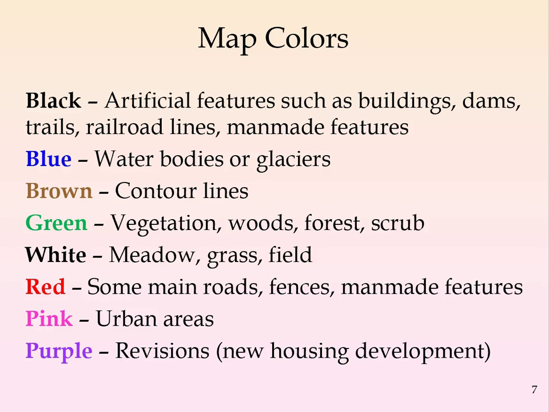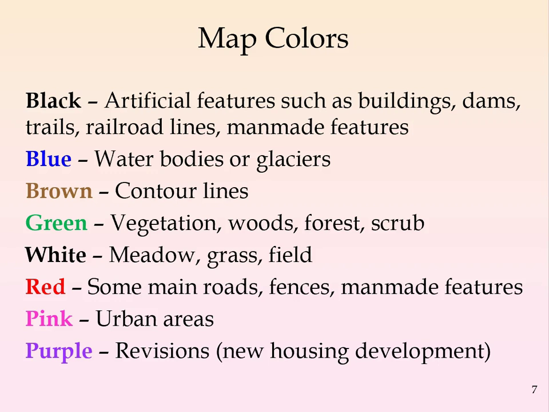White is for fields, such as those with grass or rye. Meadows would be another example of an area that would be white. Maybe it just is a plain dirt field. Red, again, can be man-made features, such as main roads and fences. Pink is for urban areas.